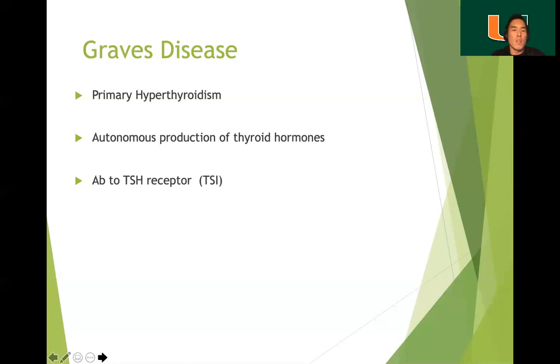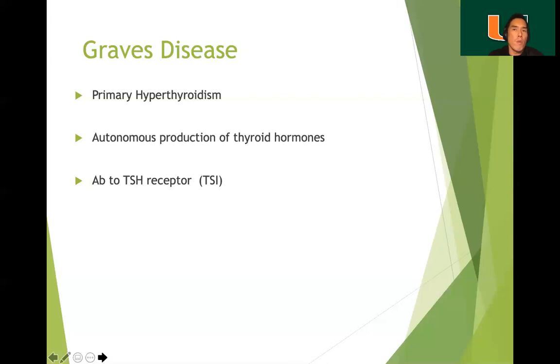And the last condition worth mentioning is Graves' disease. Graves' disease is a primary hyperthyroidism, a condition where you have autonomous production of thyroid hormones. So you have a very elevated free T4 and T3, but TSH is very suppressed.